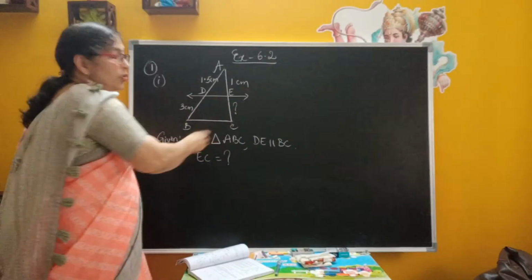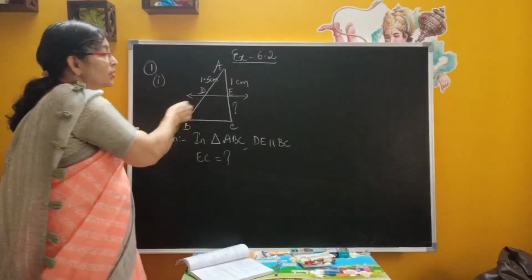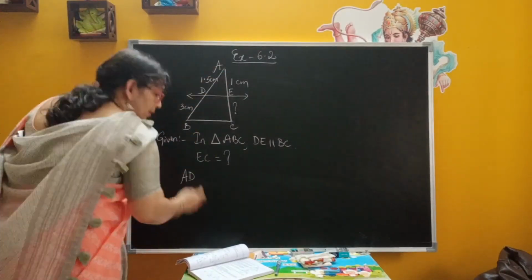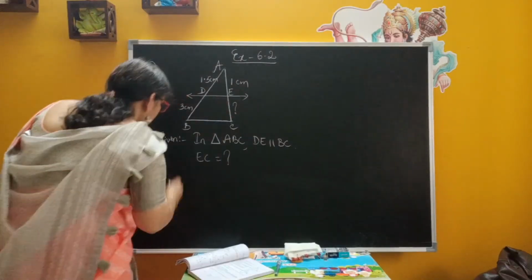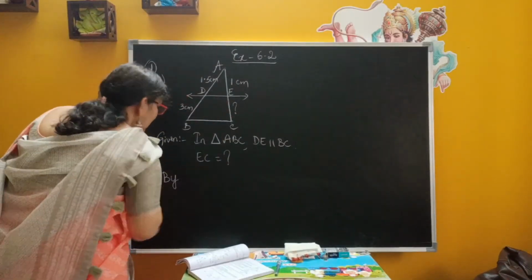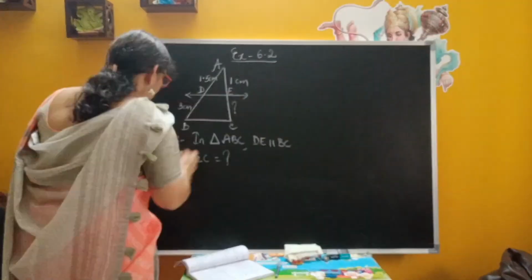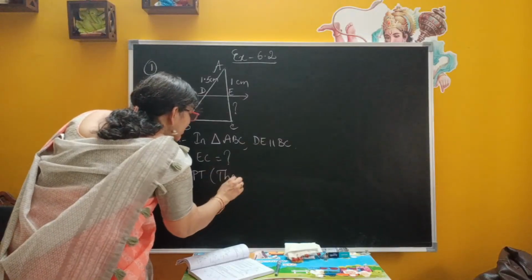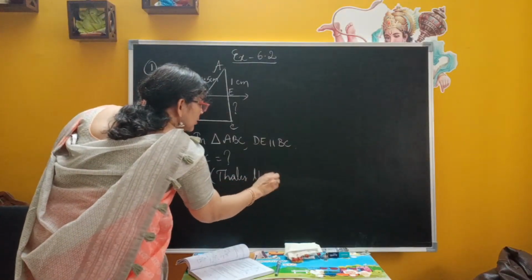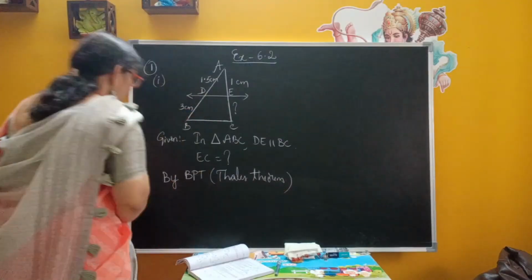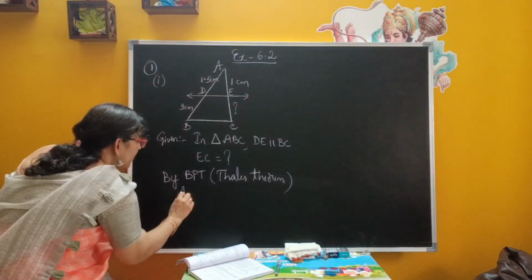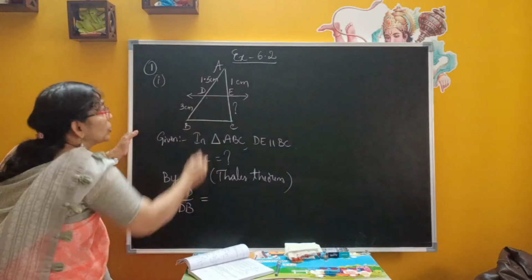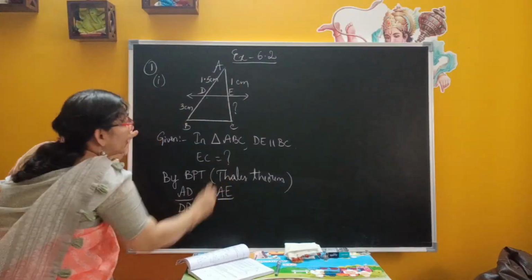Since DE is parallel to BC, write the reason: by Thales theorem or basic proportionality theorem, BPT in short, we can say AD by DB is equal to AE by EC.